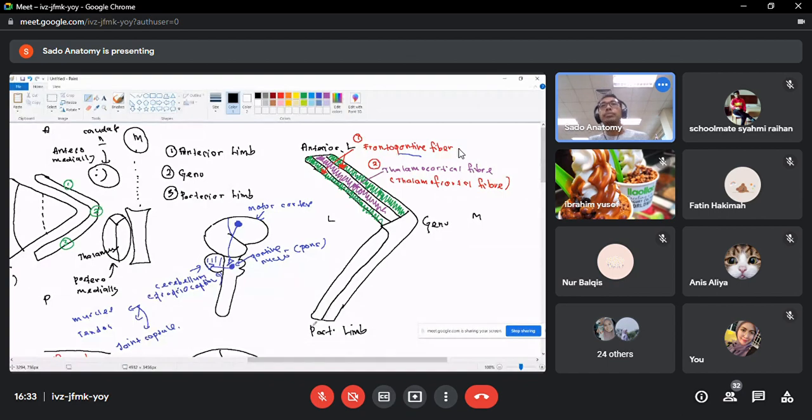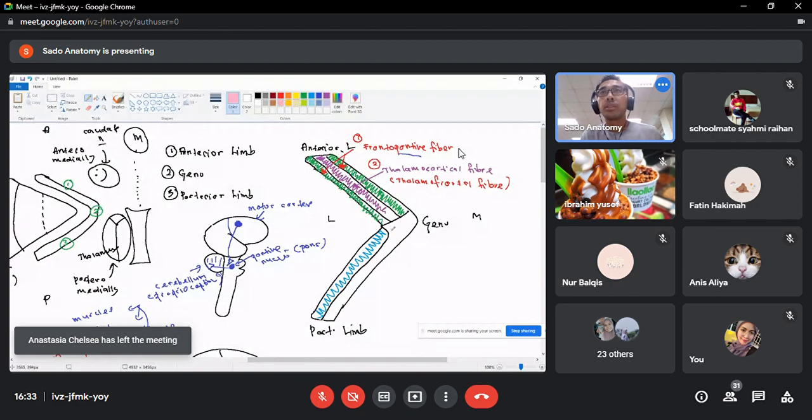So over here you have one tract. Number two, you have a tract over here, sitting in the substance of the genu of internal capsule. Number three, you have a tract sitting over here, which is medial to the posterior limb of internal capsule.